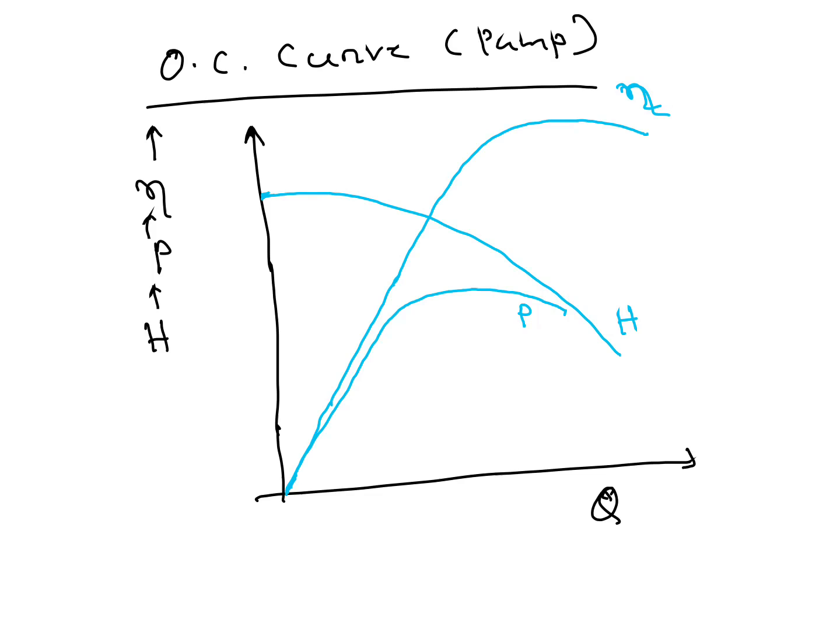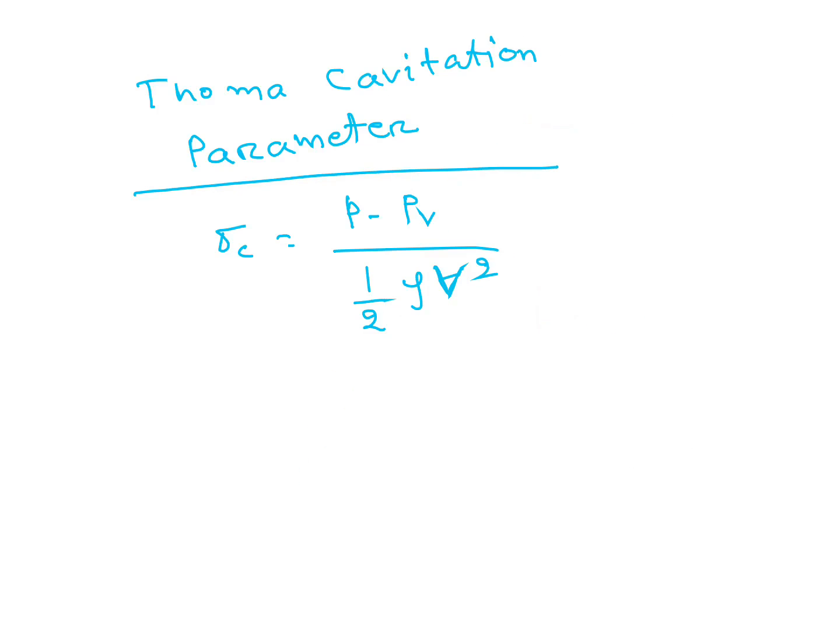One more thing is important: cavitation. Thoma cavitation parameter. Cavitation theory is also important. Once they ask the Thoma cavitation parameter, that formula is also important. Cavitation theory, you check it from the book. Only the definition you check. And for Thoma cavitation parameter, this is the formula: Sigma C equal to P minus PV by half rho V square.